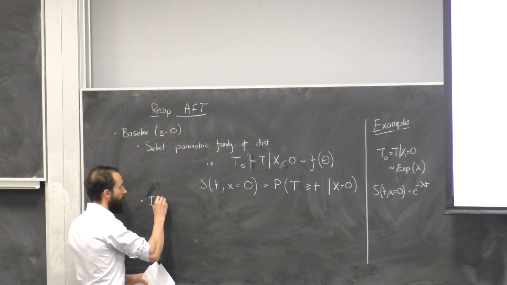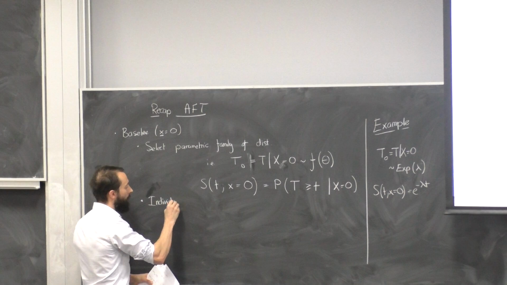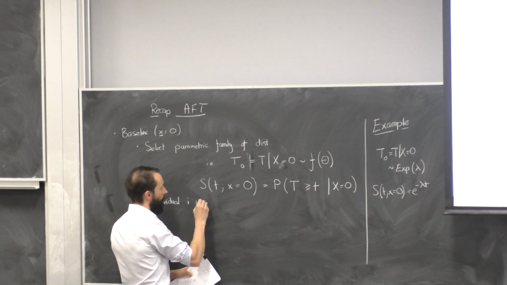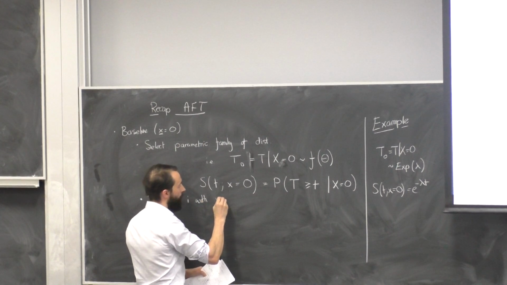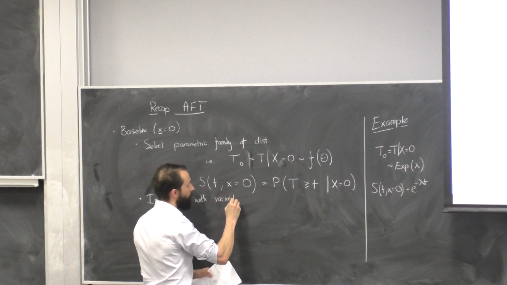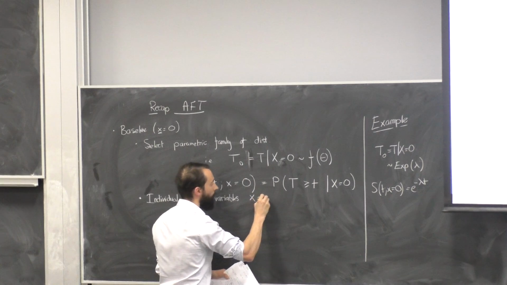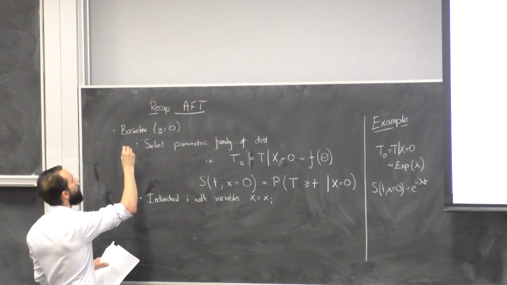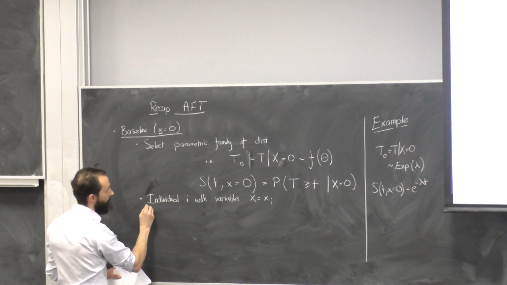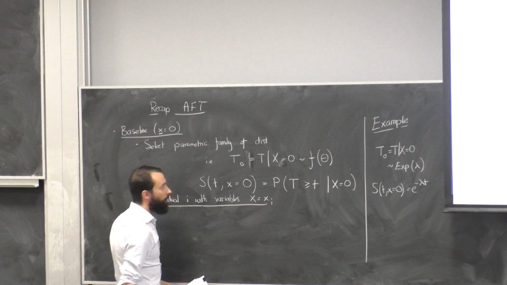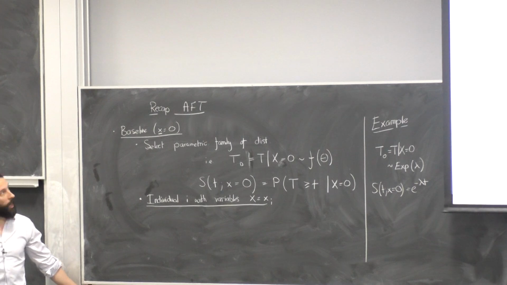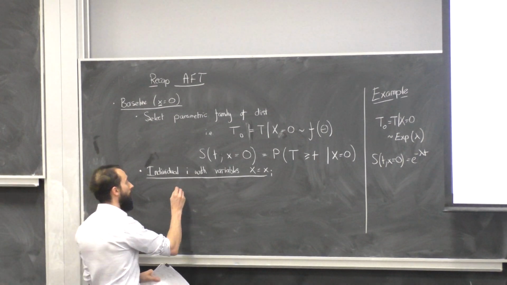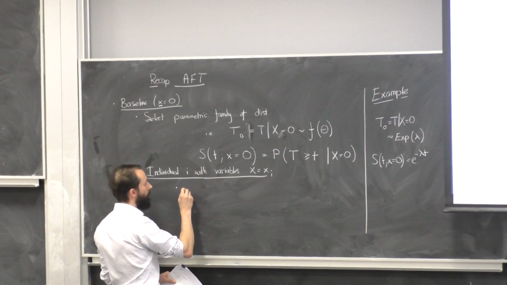Then, if I have an individual who's not a baseline, and they have variables that I've measured, little xi, then for that individual I'm going to try and speed up or slow down their time according to their variables.